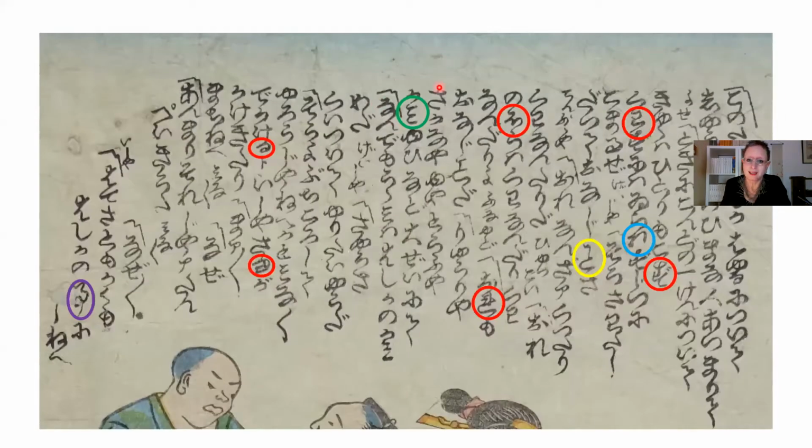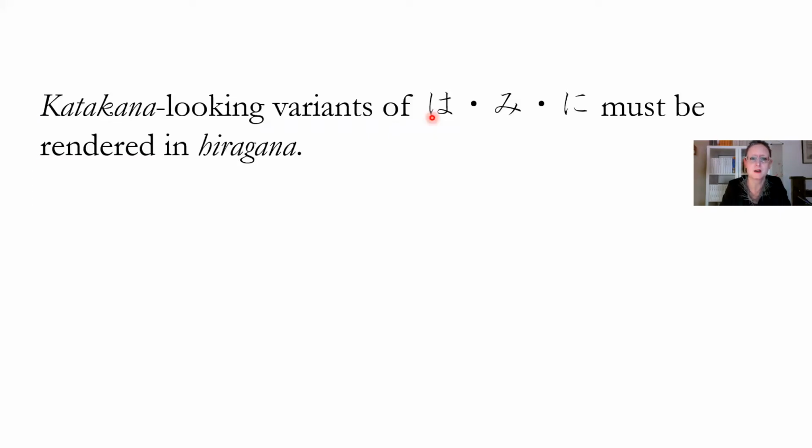I now would look at the green one. This one is a katakana looking hiragana. Yes, I'm sorry. There are such things as katakana looking variants for ha, mi, and ni. Stay tuned. In the next video, I will explain why.